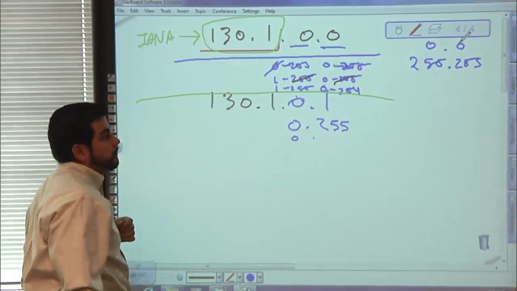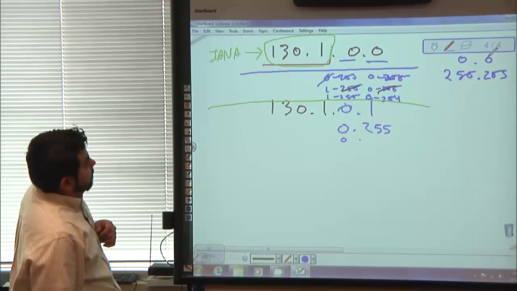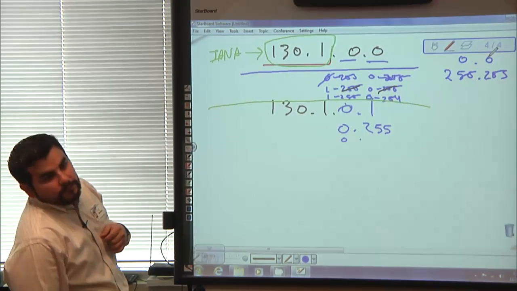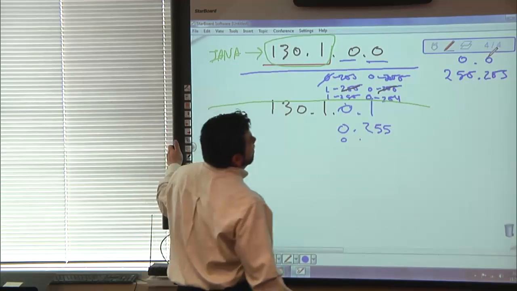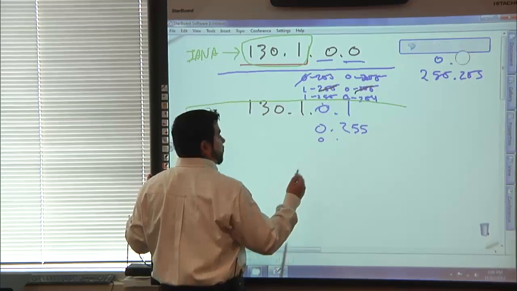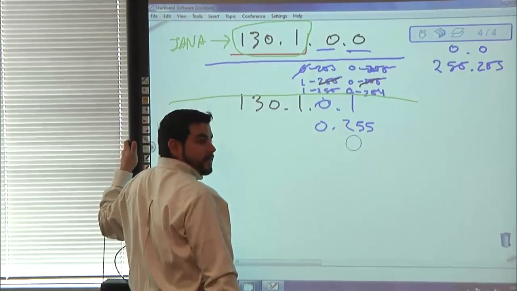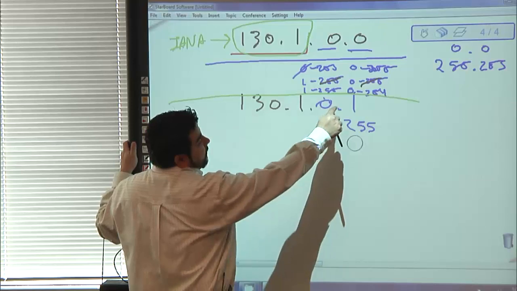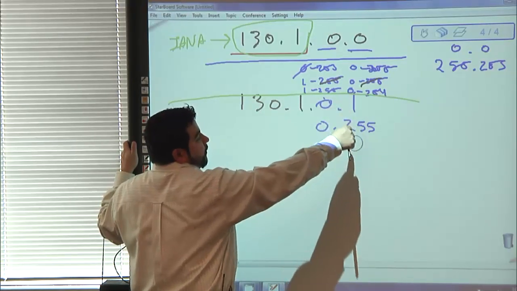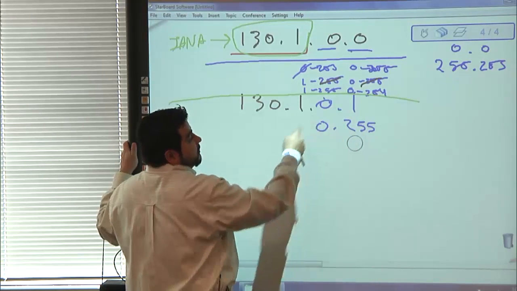So is it basically 255 times 254 that comes up with the total number of hosts? Right, you just calculate that going backwards. Yes, because within this range you've got 255, that's just in the 0.